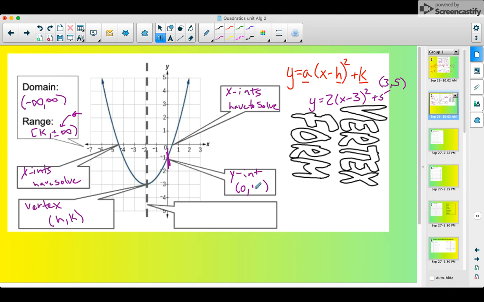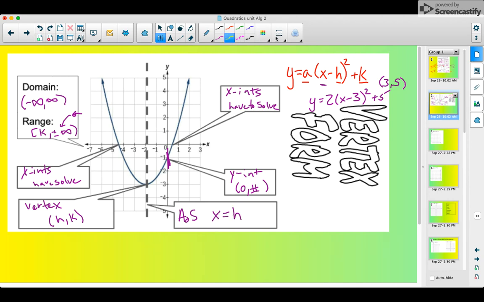So all you're going to have to do is plug in the x value of 0 into your equation right here, and you'll get out a y value. There is a formula for finding it using vertex form. It's not worth memorizing. Your axis of symmetry, AOS, will always be at x equals h.